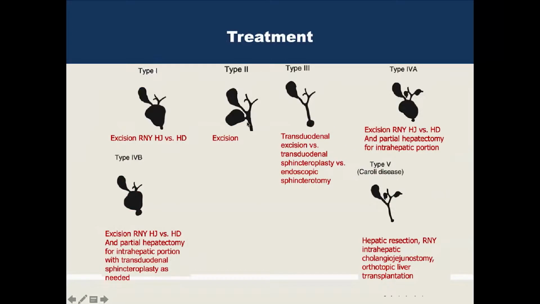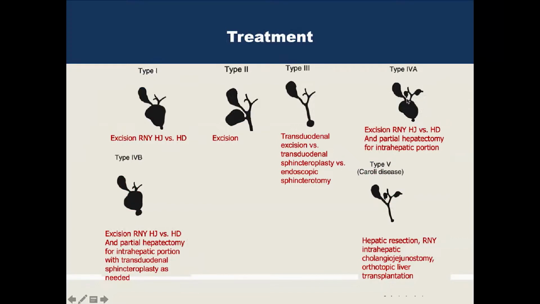In patients with a solitary extrahepatic type 2 choledochal cyst, patients can be managed with excision and reconstruction as necessary. Type 3s, as I've already mentioned, are managed with transduodenal excision, either via surgical options. They can be managed with transduodenal sphincteroplasty, or more commonly in today's day and age, with an endoscopic sphincterotomy. Type 4A cysts are more complex.